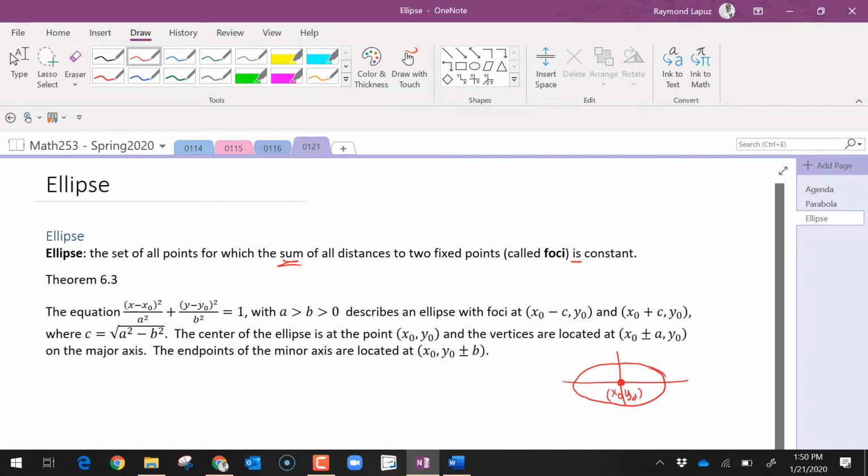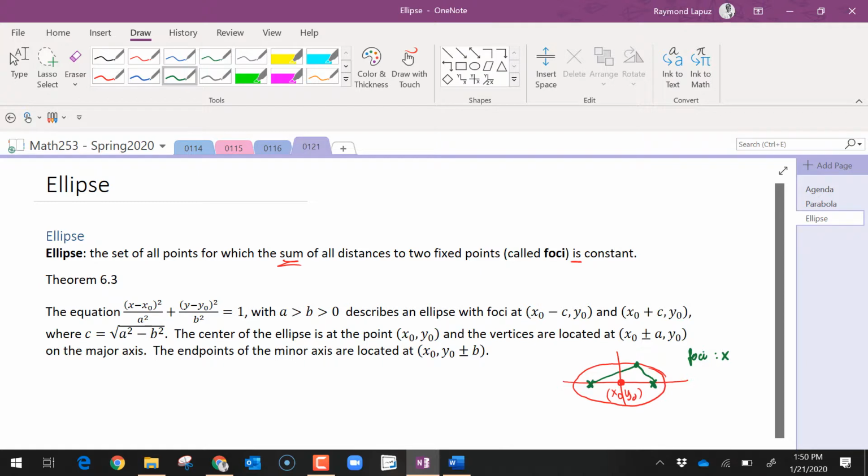So your foci are these points over here. And then in the definition, they're saying that the sum of those distances from the foci to some random point is going to be the same all the way around.